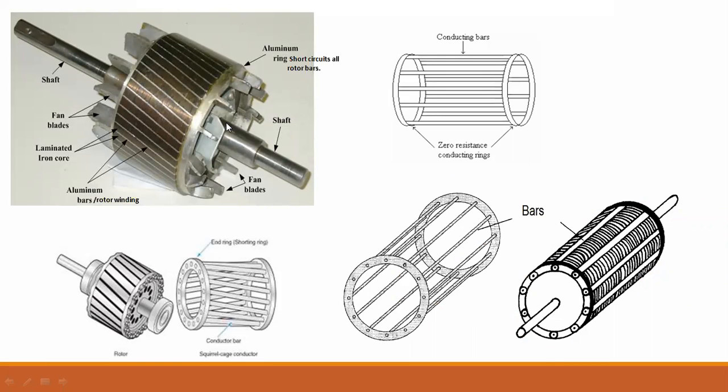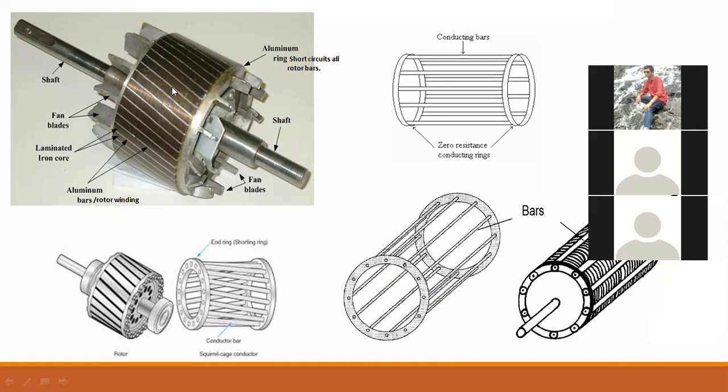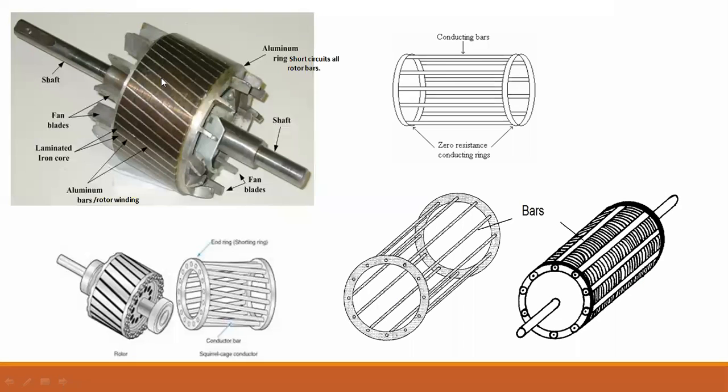This is again part of the construction of the squirrel cage rotor. Okay, so this whole part is nothing but the rotor side. This whole part is nothing but the rotor bars, and at the end of the rotor bars I have made the end ring. I have short circuited the rotor bars with the help of the end rings.